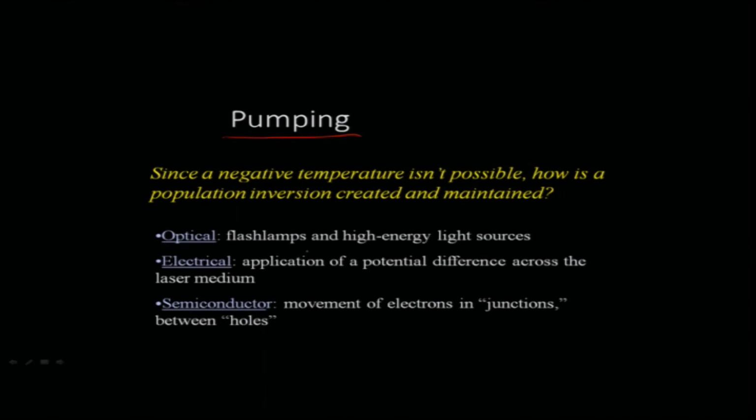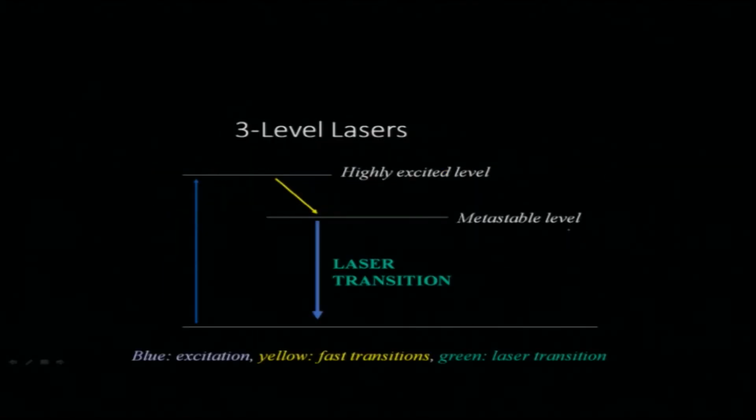It could be optical, where it can be flash lamps and high energy light sources, could be electrical application of a potential difference across the laser medium, or as we know in present day semiconductors, where we have movement of electrons in junctions between holes. So, over the years the process of pumping has become more and more refined, but generally this was the initial principle behind it.